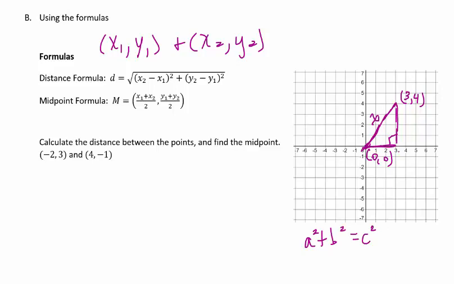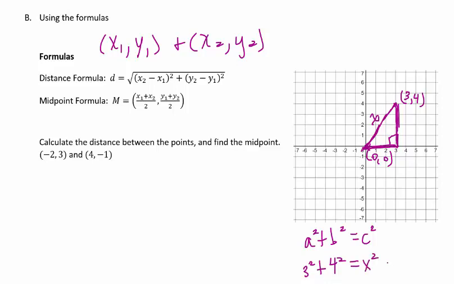So if we take this length, which is 3, and square it, and then the length of this other leg of this right triangle, which is 4, and square it, that should equal x squared. And then you can solve for x.